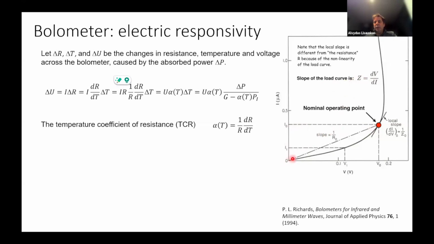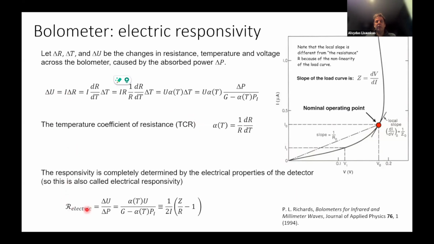And once we have this bolometric sensor, we can measure its load curve, and from the slope of it, having its temperature coefficient of resistance, we can do a rearrangement or analysis of the change of voltage to the current here, to find that from electrical characteristics we can define the electrical responsivity of that device.